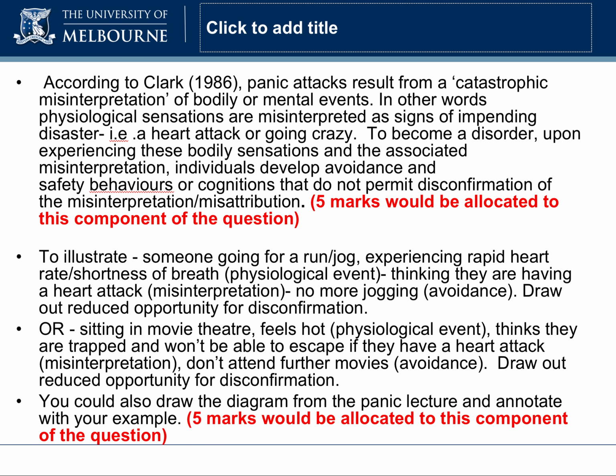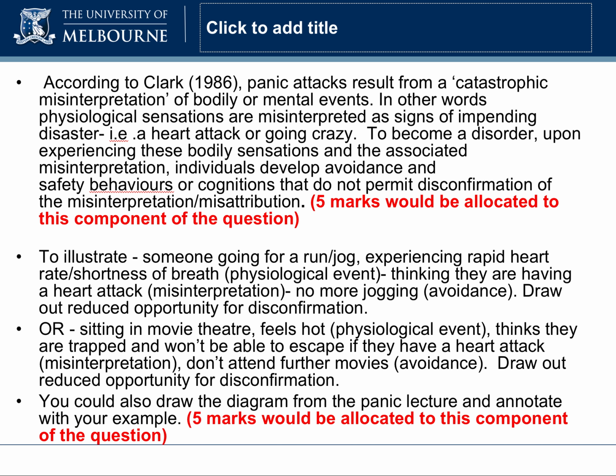And so here is certainly what you could put forward if you were answering that particular question, and you'd certainly be pointing out that Clark asserted that panic attacks have a very cognitive etiology in terms of there being catastrophic misinterpretations or cognitions or attributions about bodily events or mental events, and physiological sensations are going to be interpreted in some catastrophic way.